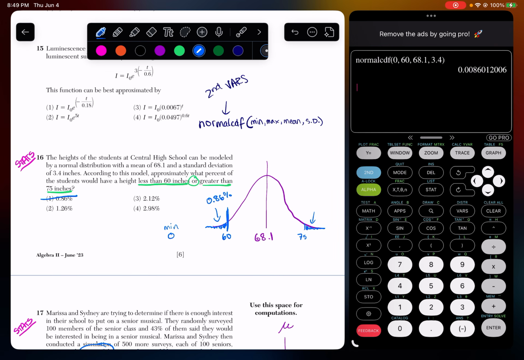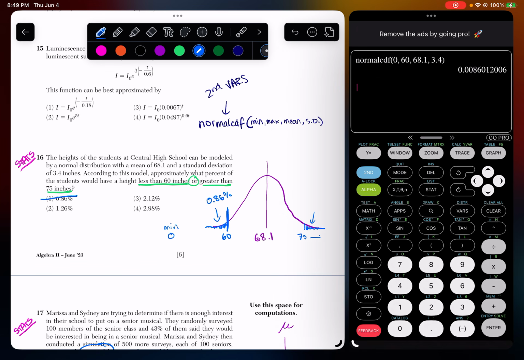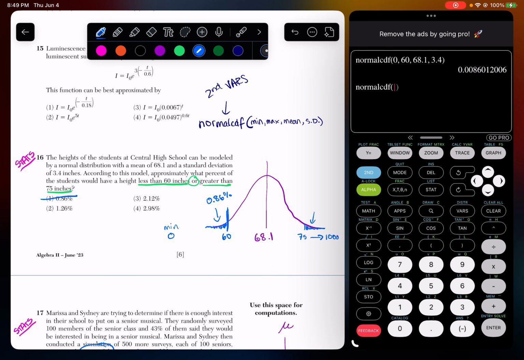So for 75, we want everyone; 75 is our minimum, and we want to go arbitrarily big. So I'm going to say everything from 75 to 1,000. Maybe someone's 1,000 inches tall. If you're trying to go on forever, you can't type in infinity, so type in something unreasonably large. I'm going to do this again, second VARS, get my normal CDF.